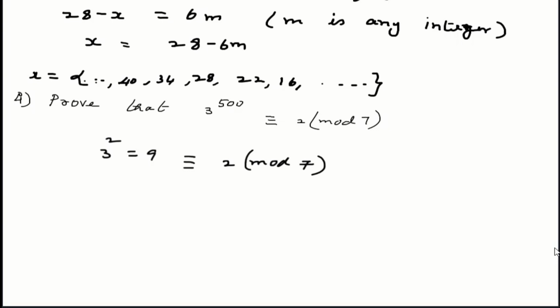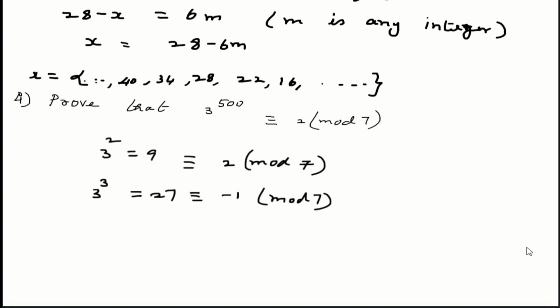Because I know 9, when I divide it by 7, gives the remainder 2. Now I also know 3 cube is 27. 27 is congruent to negative 1 mod 7, because 28 is a multiple of 7, so that I get the remainder as negative 1. Now instead of 2, negative 1 is easier for me.